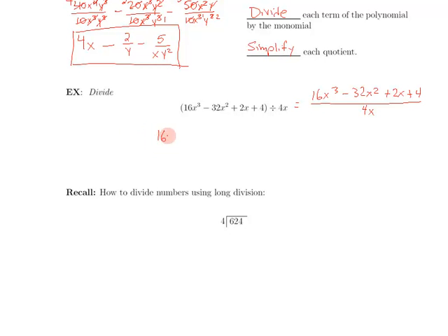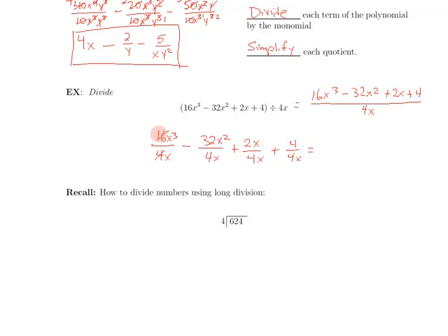So 16x cubed divided by 4x minus 32x squared divided by 4x plus 2x over 4x plus 4 over 4x, and then simplify each fraction.